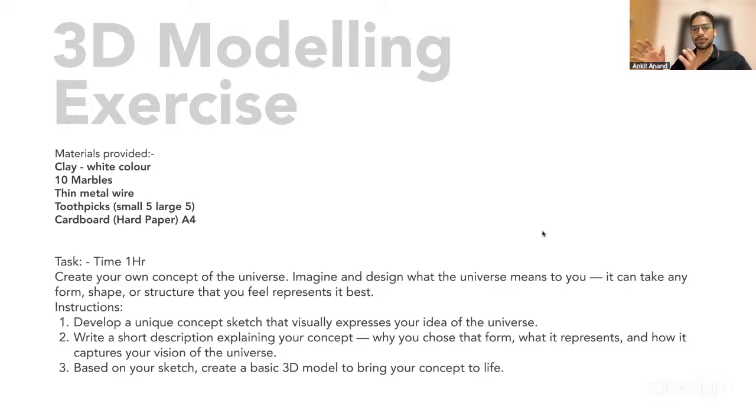Draw your concept first over there, and write something about why that concept. Here in the question, it clearly asks you to write a short description explaining your concept, why you chose that form, what it represents, and how it captures your vision of the universe, right? So every time I have been telling you guys to read the instructions very properly. When they write it, it is written for a reason. But if there is a space provided, draw something over there, which is your concept, and write something as your concept over there.